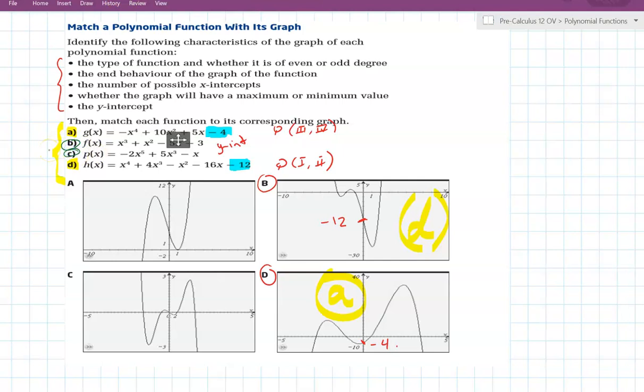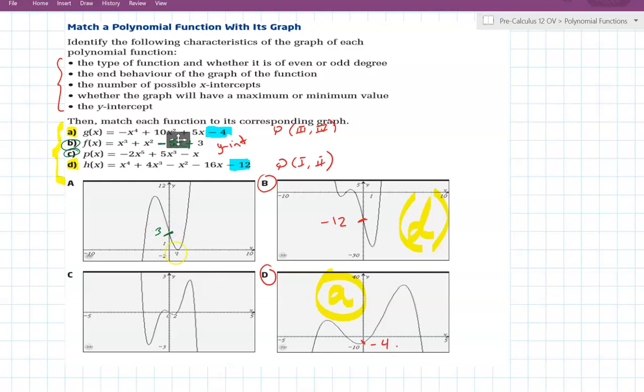For equation B, that's x cubed plus x squared, and that looks to me like, sorry, that's a plus 3, not a minus 3, and that's minus 5x. Apologies. It turns out that this is plus 3.